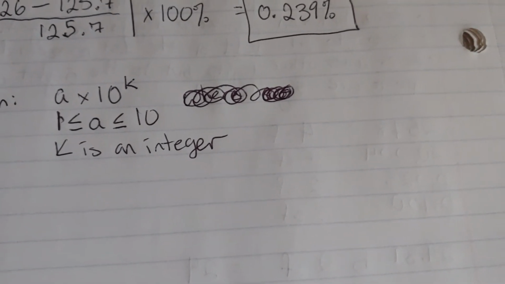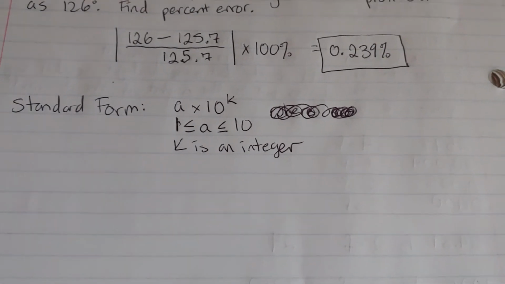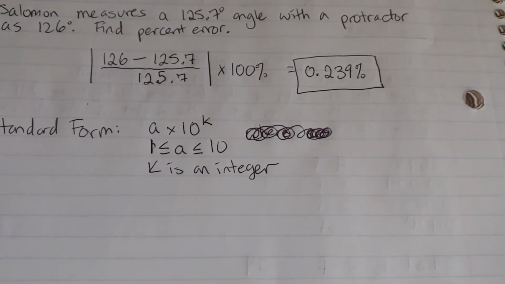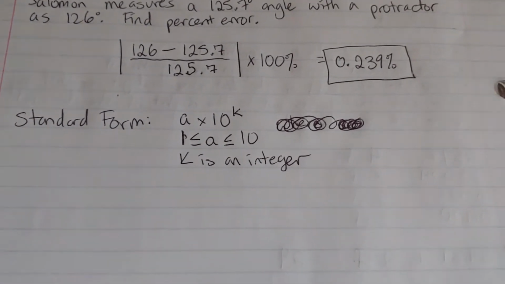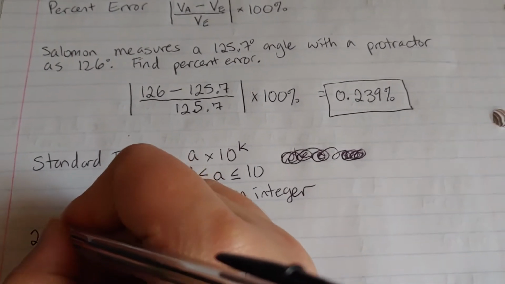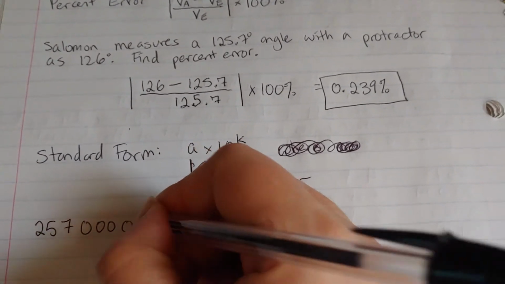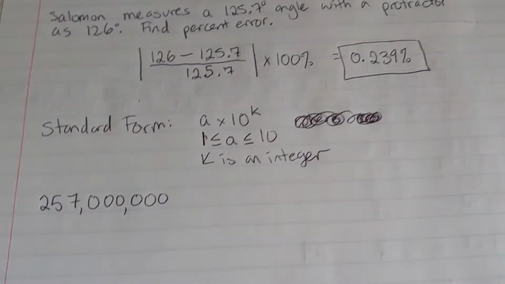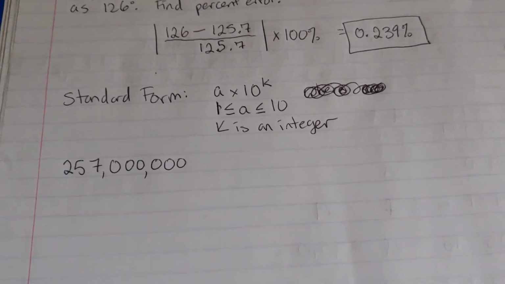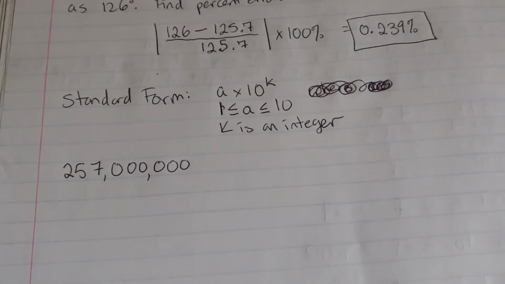All right, so if I have a number, you actually might know standard form as scientific notation. So remember that if I'm writing something like this, that's 257 million.